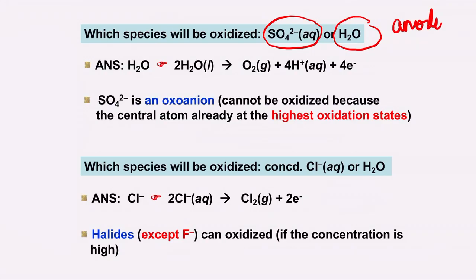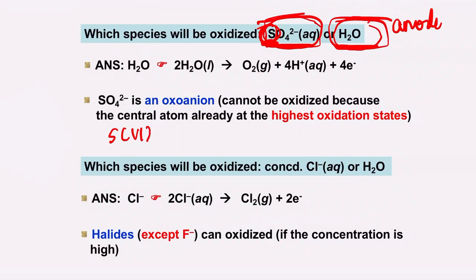Between these two, water will be oxidized. Why not SO4 2 minus? Because if you look at the oxidation state of the sulfur here, it has reached its maximum, highest oxidation state, which is 6.